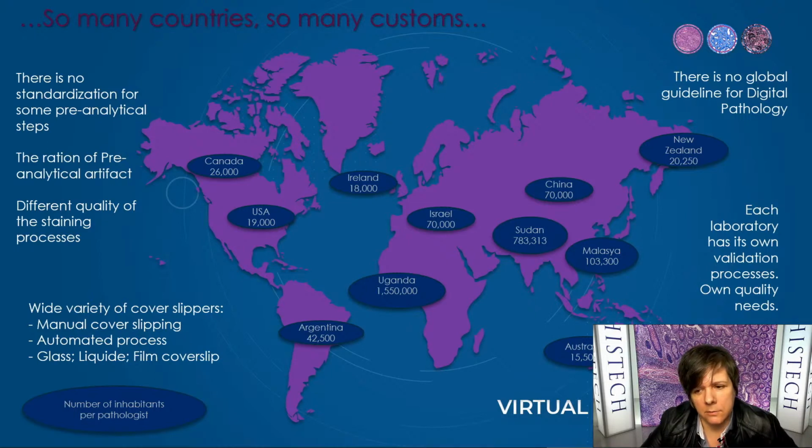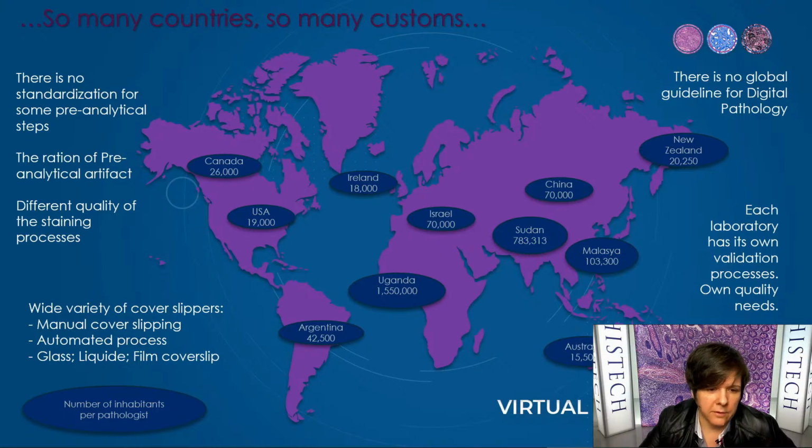In the recent period, especially in the last year, the demand for digitalization has increased significantly. Digital slide scanners must be capable of scanning glass slides of different quality. Furthermore, our system must accept a wide variety of glass slides with different cover slip types prepared by different laboratories around the world.